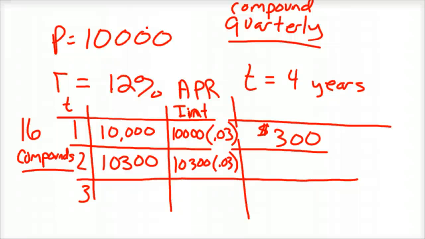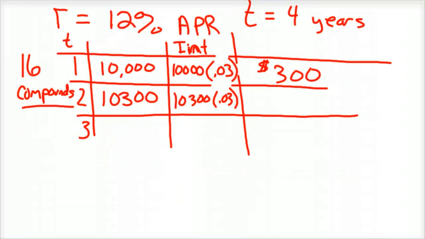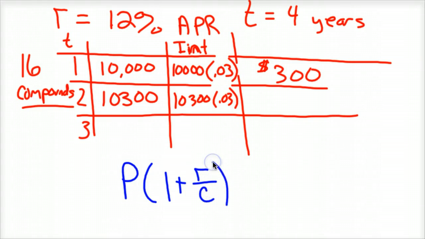And in fact, there's a formula, and I'm going to derive it in the next video, because I think it's kind of fun to derive those. But if you're interested in how we can come up with a formula for this, here's the formula for compound interest. So your total amount: principal times 1 plus your rate divided by your compounds, to the compounds times time.